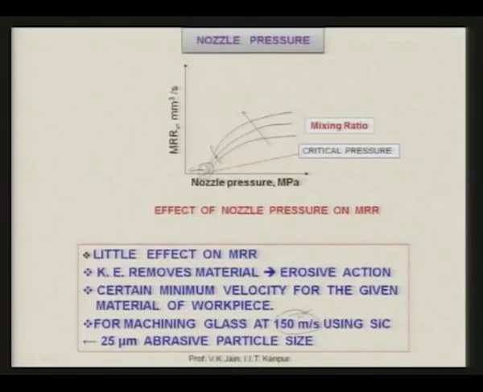If the velocity of the abrasive particle is less than 150 meter per second, it will not be able to remove the material from the glass. So, whatever is the critical pressure, that pressure should be able to give velocity equal to 150 meter per second, or beyond the critical pressure it will give a velocity more than 150 meter per second.